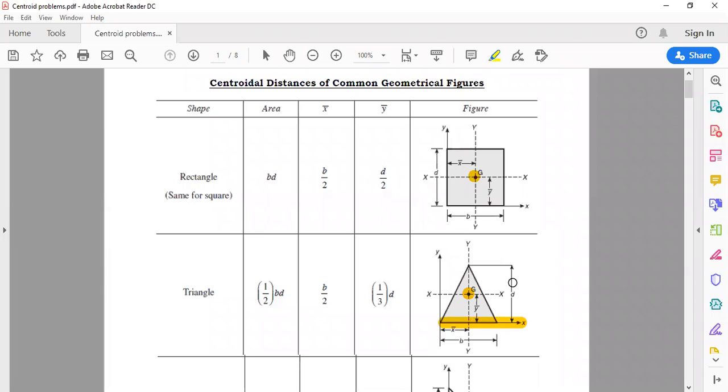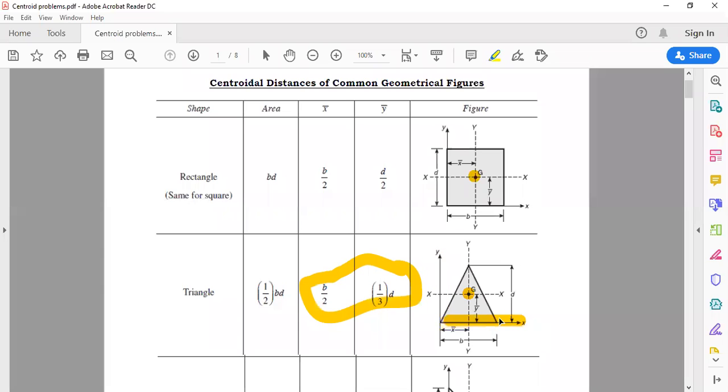So 1/3 of d. Again, I repeat, these values of x bar and y bar are with respect to these reference axes only. If the reference axes change, then these values also change accordingly.